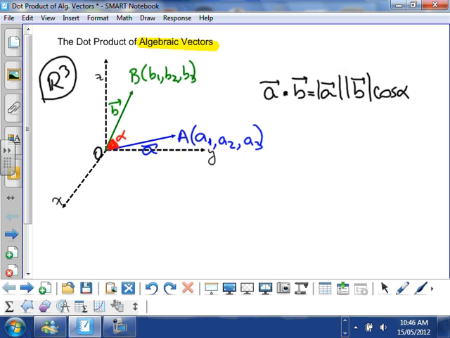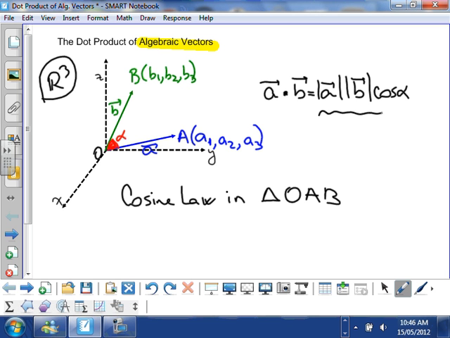Of course I did, and the answer is when I used the cosine law, in what triangle? In triangle OAB. Of course, when we apply the cosine law in that triangle, this part over here will be part of it.